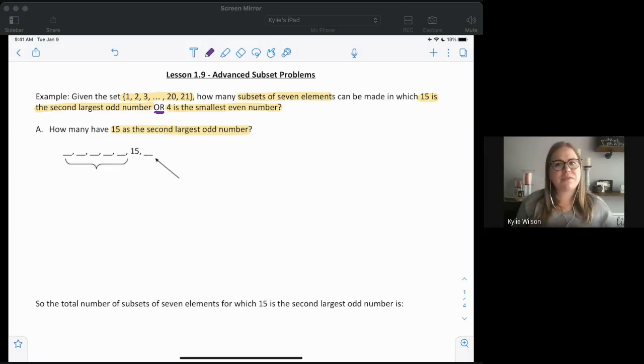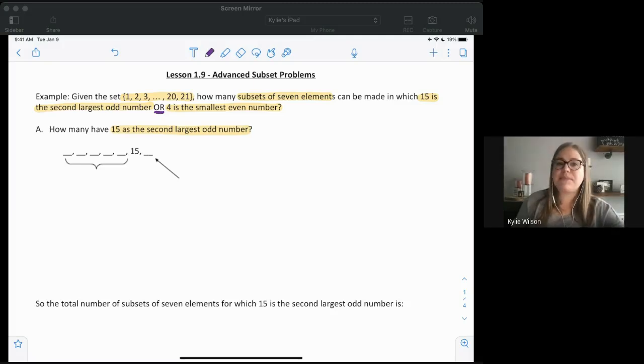Those are pieces that we just need to consider. It does not mean that order matters with how we approach these. So just to be very clear, the order still doesn't matter. It's just to help us ensure that 15 is the second largest odd number, or that 4 is the smallest even. So let's think about our options for all of these different positions here.